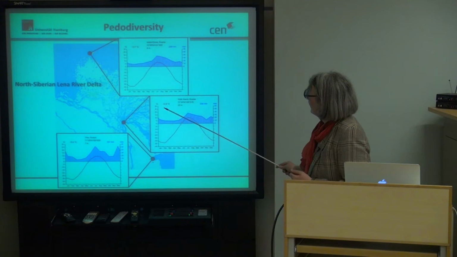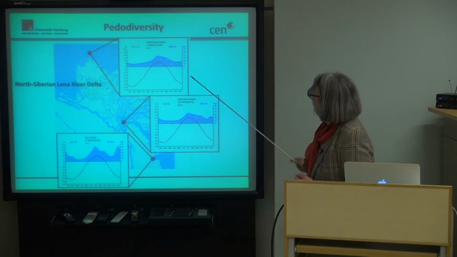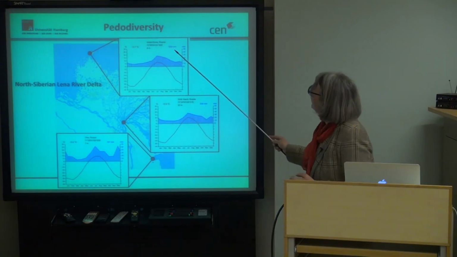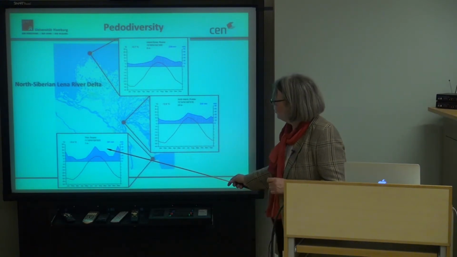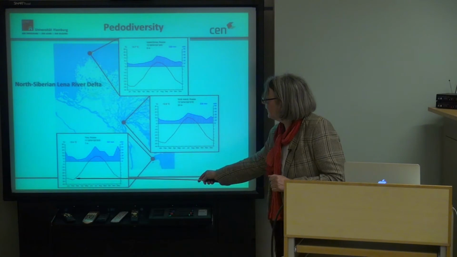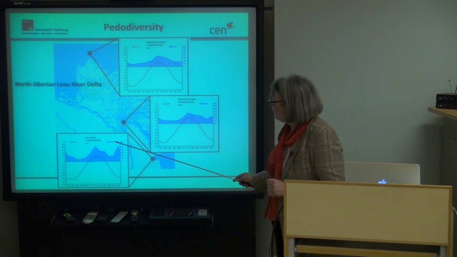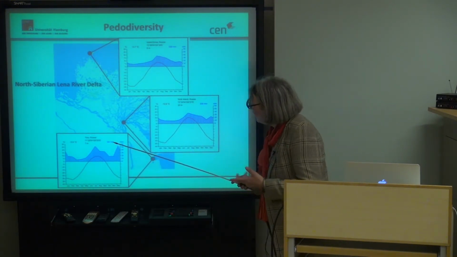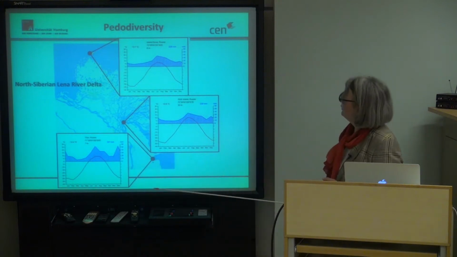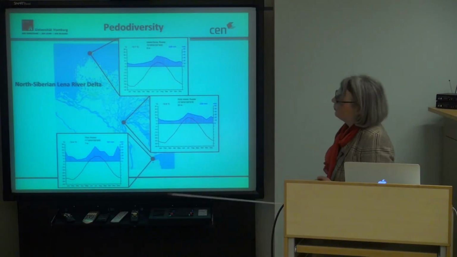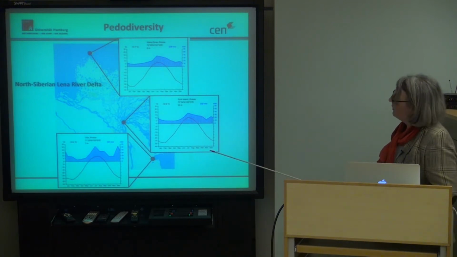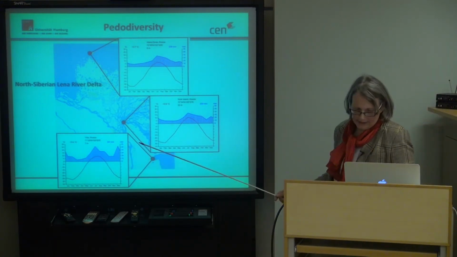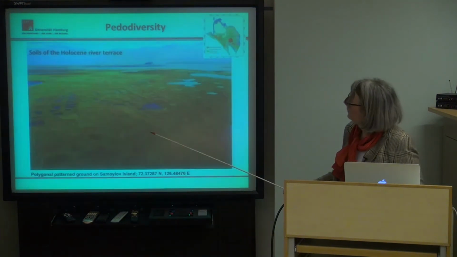The average negative temperature, the small amounts of precipitation, about 230, and also Tiksi we included here, which has the same temperature regime over the year, and a little bit more than 100 millimeters of precipitation. But I think these are very representative climate data to understand how the soils here are developed.